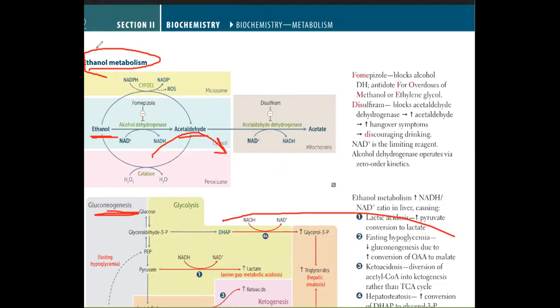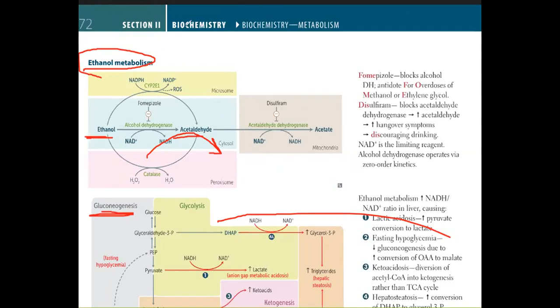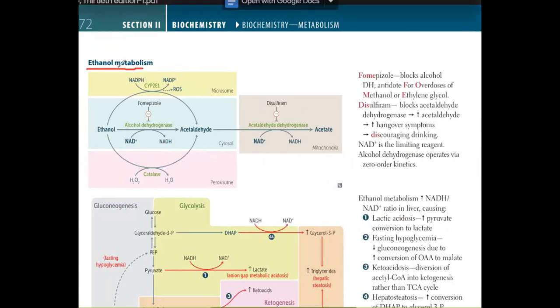Like we Muslims do not do, definitely, but there are other people in the world who drink alcohol, and that alcohol needs to be metabolized. So ethanol metabolism is important, and this acetaldehyde is also coming from pyruvate, from this pyruvate here.